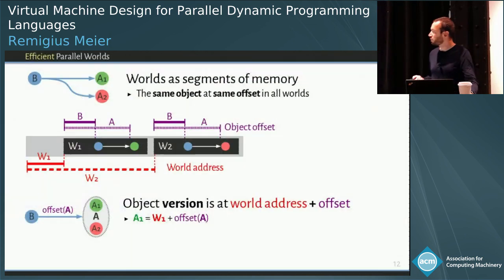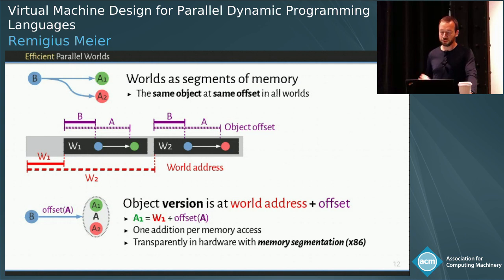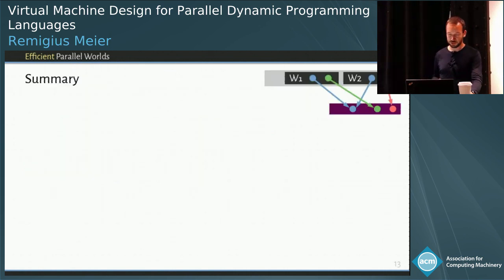As you can see, this is basically one addition per memory access, which still might sound a bit expensive, but the good thing is we designed it in a way that the hardware can do it for us. x86 memory segmentation does that for free as part of the standard address translation process. So we measured no real overhead in this implementation. It's really fast.